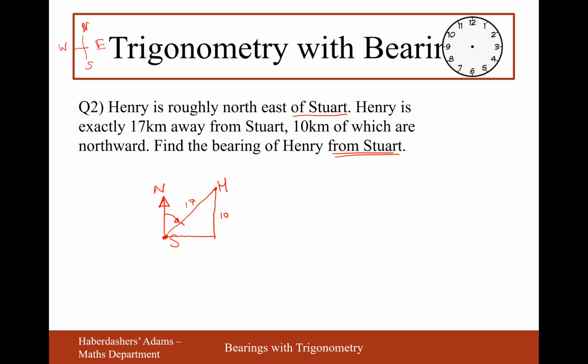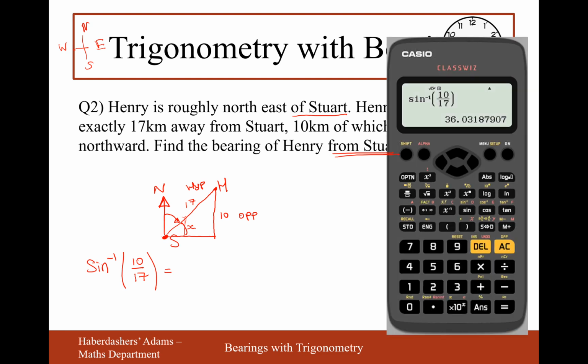So what I could do is I could work out this angle x inside the right angle triangle, and then I'll take it away from a right angle, the 90 degrees there. So let's work out what we're working with here. We've got the opposite side here, opposite from the angle, and the hypotenuse of the right angle triangle. So I'm going to be using sine here, so it's going to be sine inverse of opposite over hypotenuse, and I'll do that on the calculator and get 36.0.